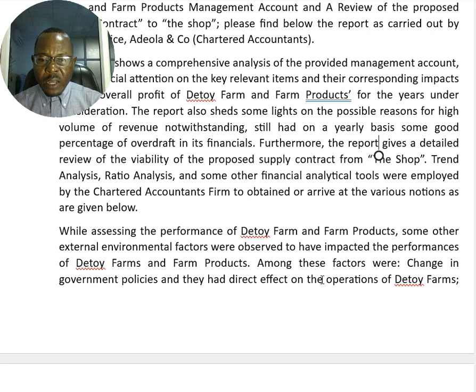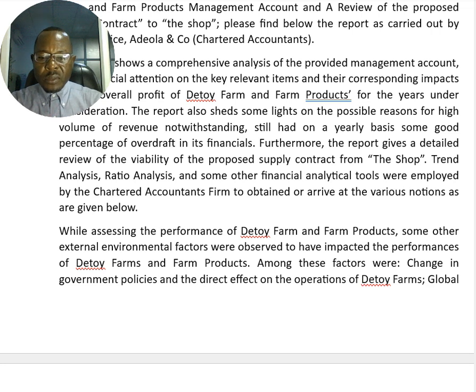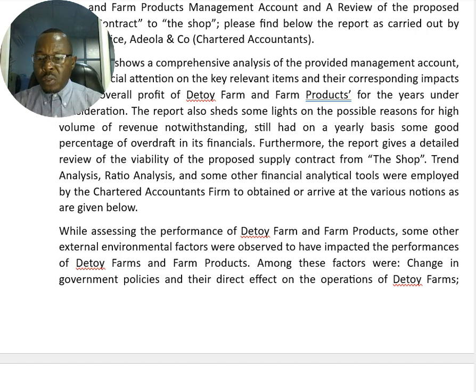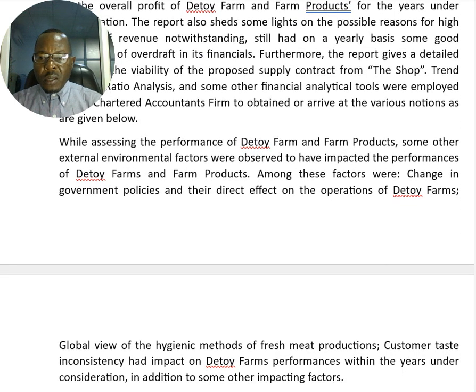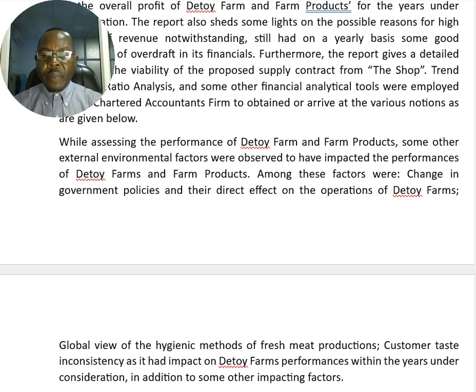Among these factors were change in government policies, and their direct effect on the performance and operation of the farms; semicolon, global view of the hygienic methods of fresh meat productions; semicolon, customer taste inconsistency, as it had impact on the farm performances within the years under consideration, in addition to some other impacting factors.